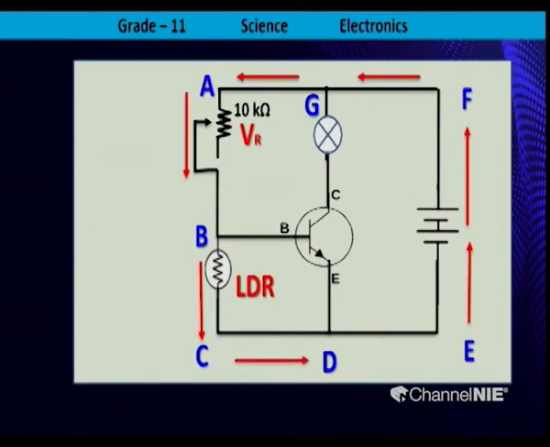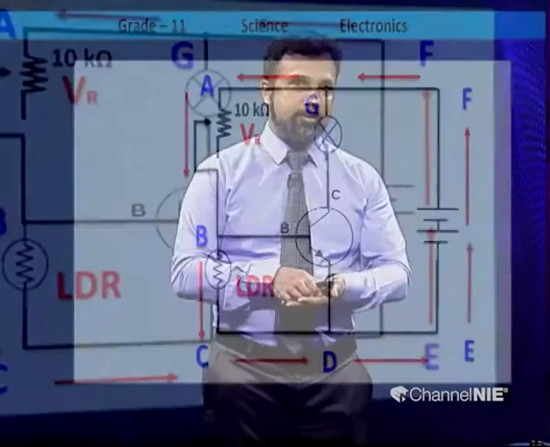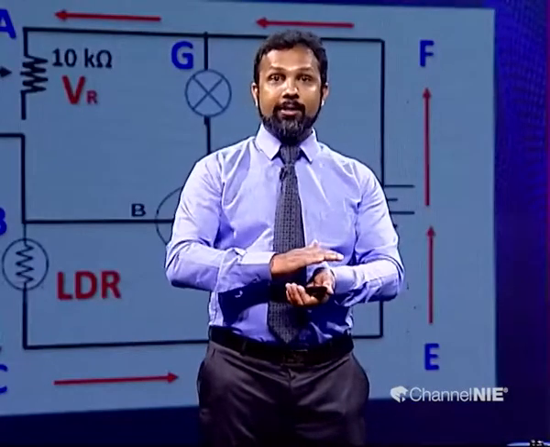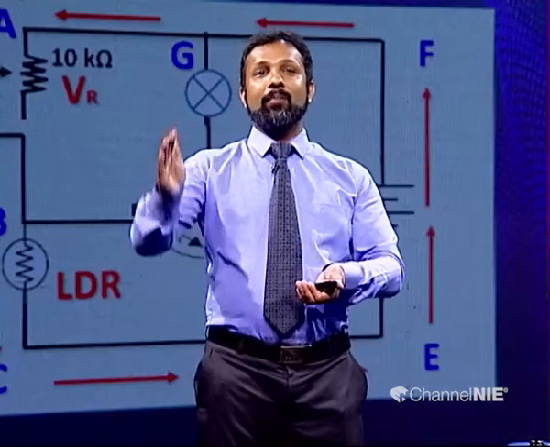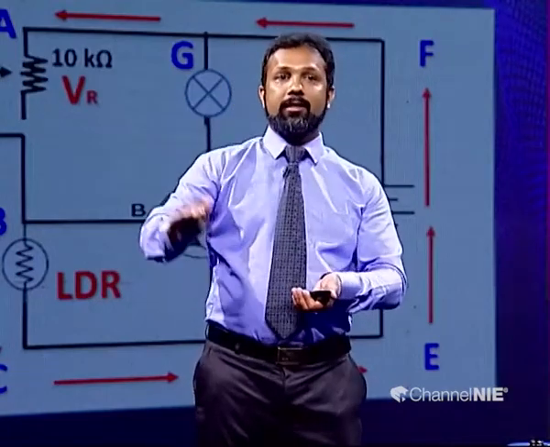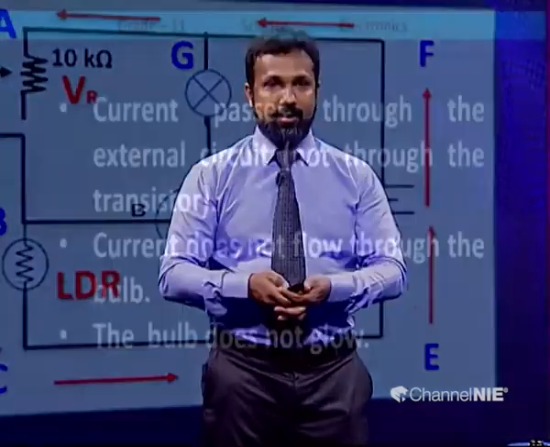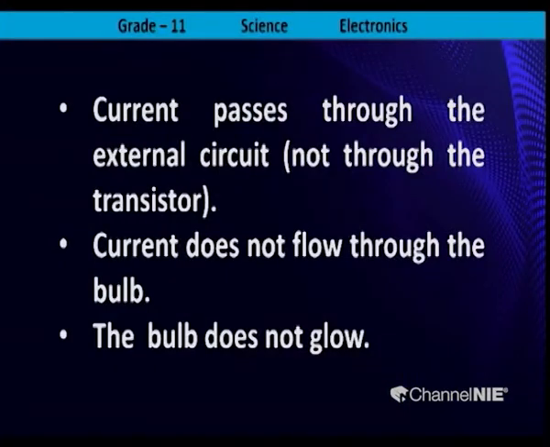Then C to D, D to E, and through the external circuit. That means when light falls on the LDR, current passes through the external circuit. Right. Current passes through the external circuit, not through the transistor. Current does not flow through the bulb, so the bulb does not glow.